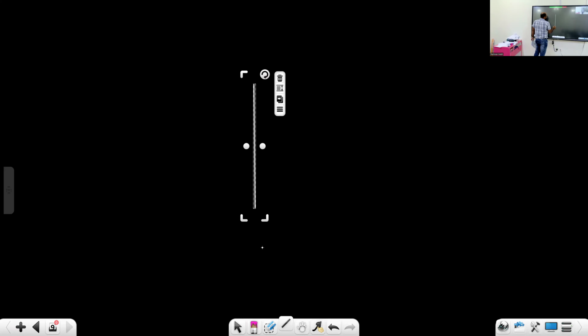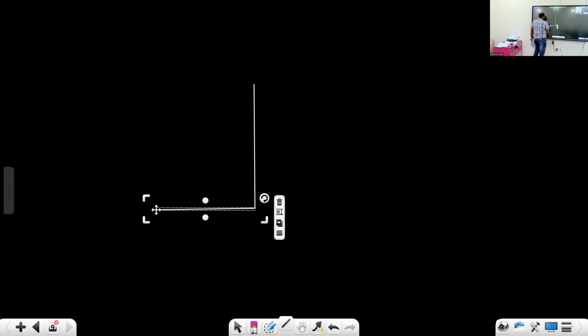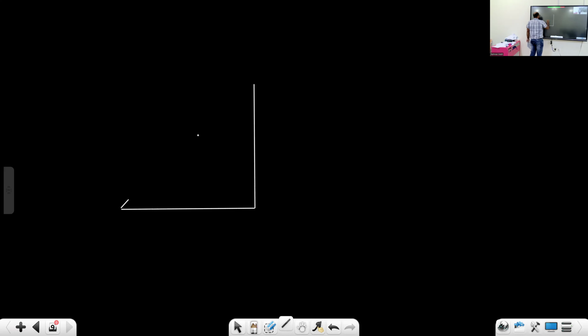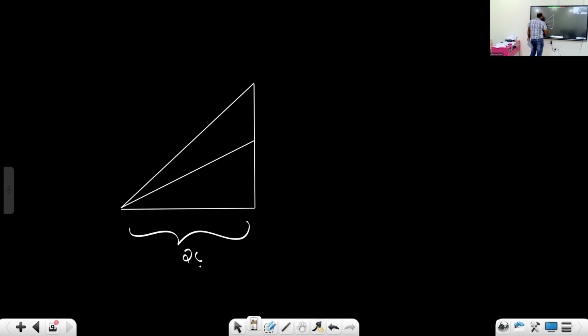All of you, don't write. Listen carefully. For understanding, I drew one more diagram. You don't draw, wait. This is the diagram. How much is this distance given? 24 meter.